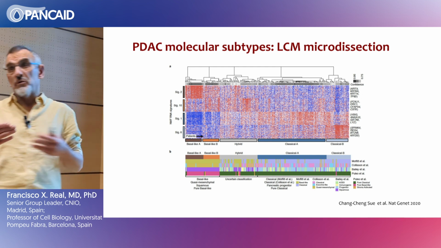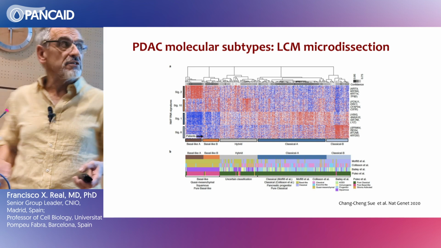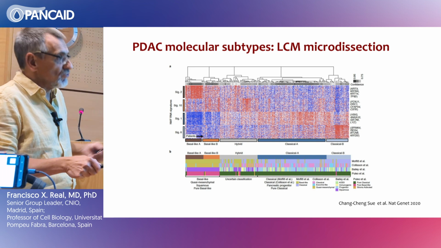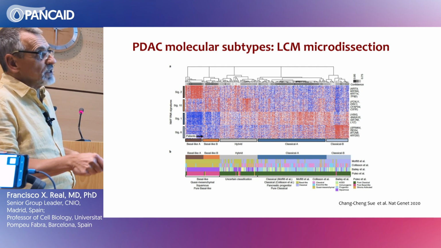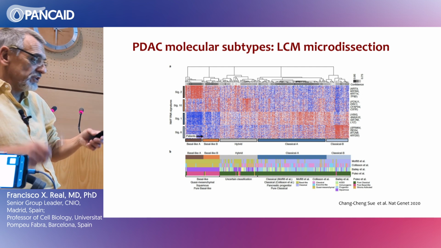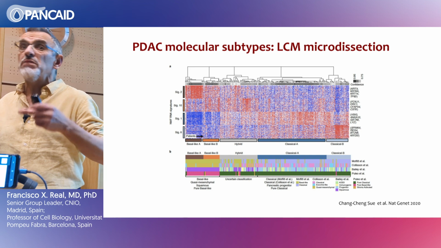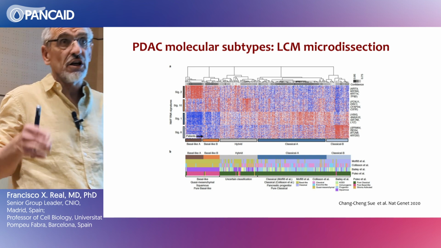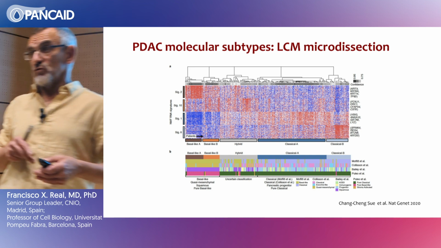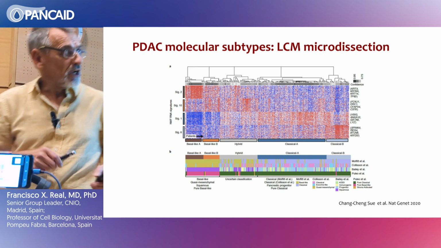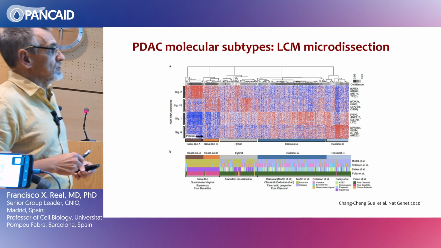I say possibly because it has to be verified by independent series, but I think it's quite strong and the data is robust. The existence can be trusted, because it was laser microdissected tumors. It's not just because of tumor dilution due to stromal contamination.